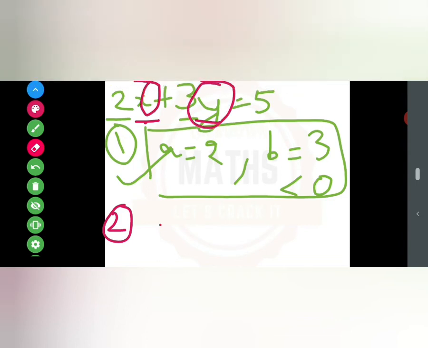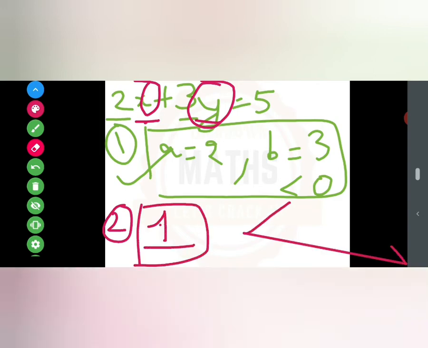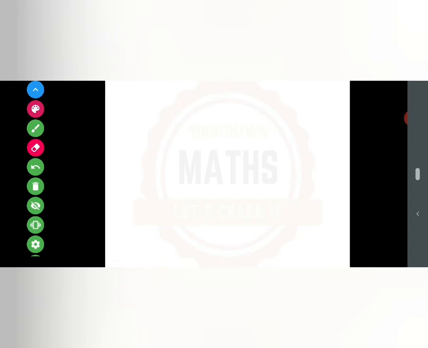So if nothing is written, it means the power is 1. So this second criteria is also fulfilled. Here I can say that the given equation is linear equation.